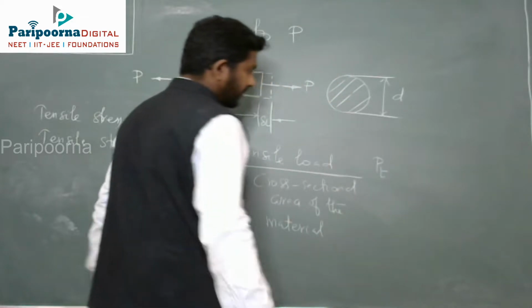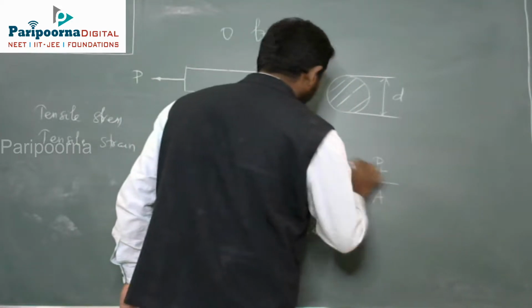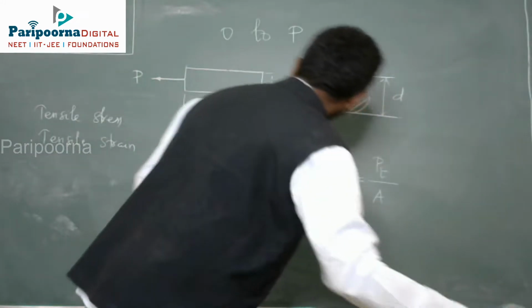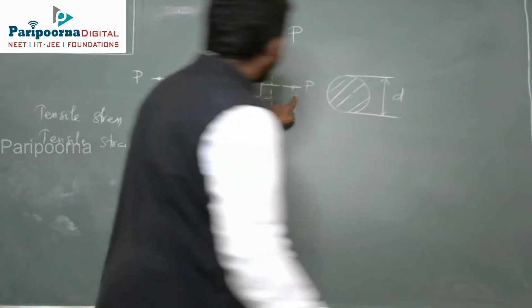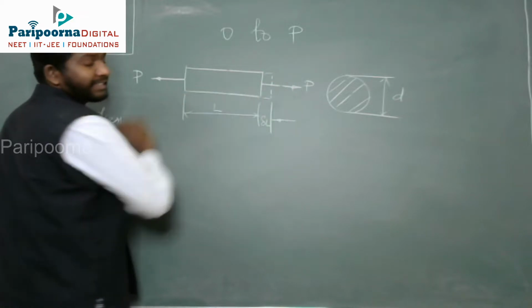The load is P subscript T, and this is the cross-sectional area of the material. So like that, you can define tensile stress. Now coming to tensile strain. Here the load is a tensile load. Because of this load, this much deformation has taken place.